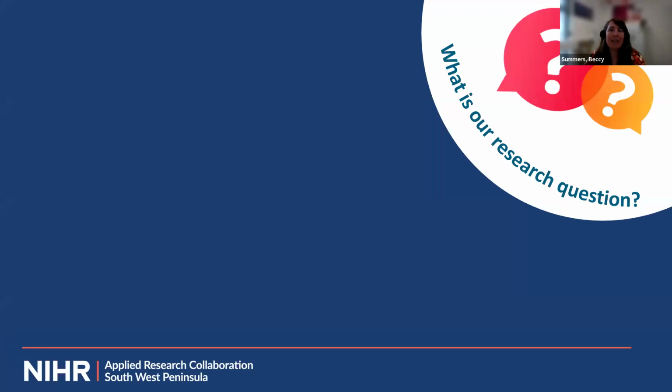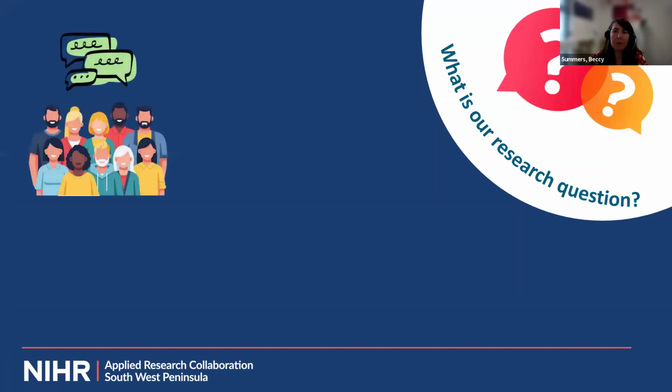So now that we're able to figure out what the gap in our knowledge is, our next stop along the research journey is being able to state what the research we will be doing is in one easy question. So if we think of an example of this, if we spoke to members of the public and they let us know that for farming communities, back pain is a real problem for people.